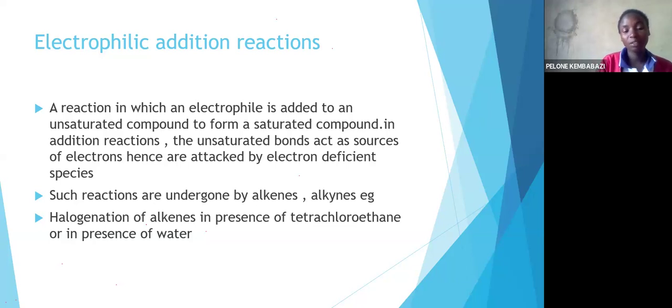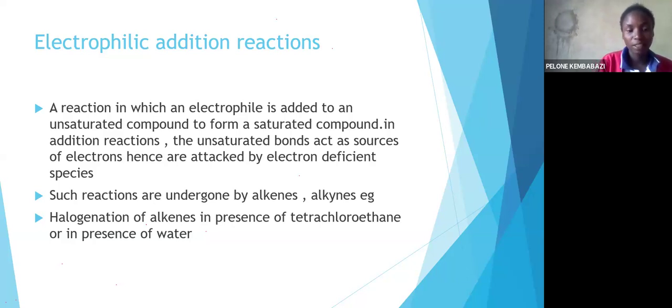And then we shall find out that those reactions, for example halogenation of alkenes, can take place in the presence of carbon tetrachloride, or tetrachloromethane. It was methane, not ethane. Or it can take place in the presence of water.